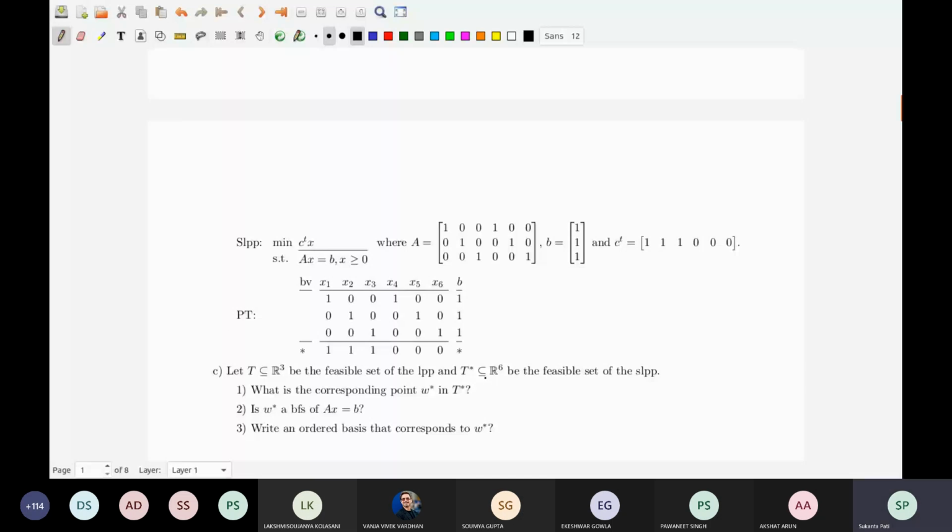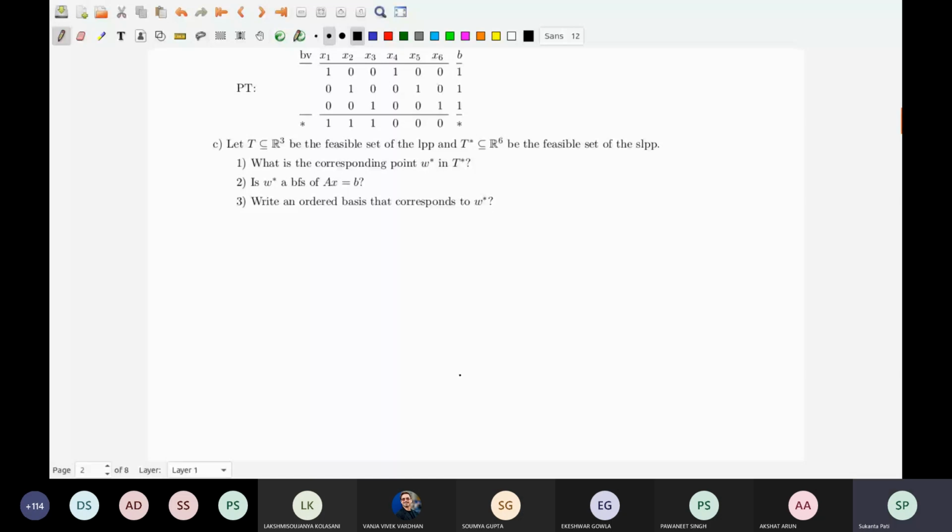Now, what is the corresponding point? Let me tell this thing here. So we have our problem table here written. Notice that 1 1 0.